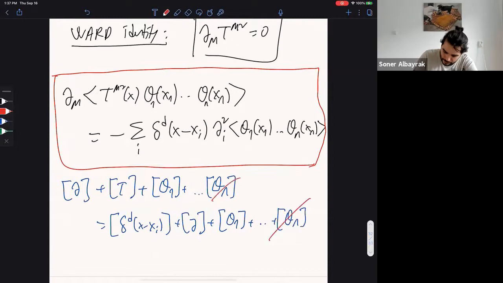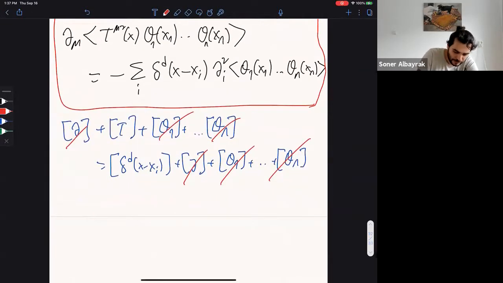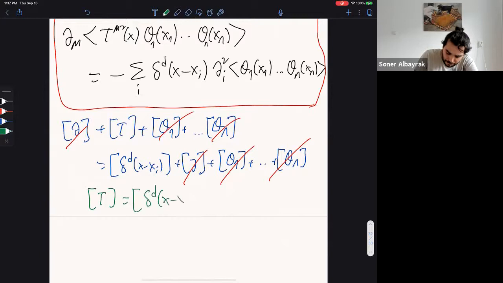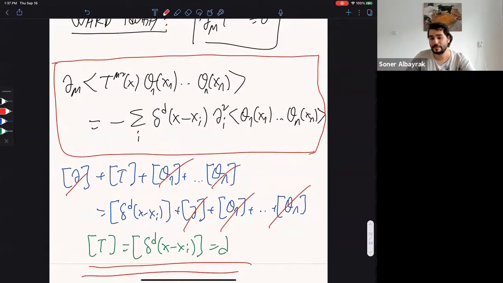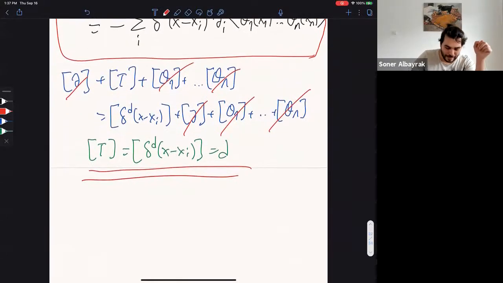So these cancel. And this shows that the mass dimension of T is equal to the mass dimension of the D-dimensional delta function, which is D. So we see that the mass dimension of T is always D. It doesn't get quantum corrections.